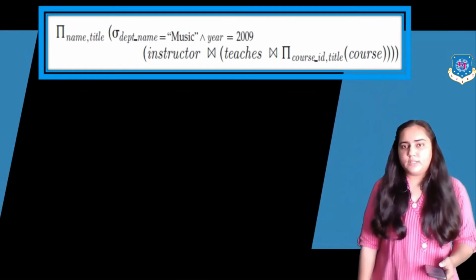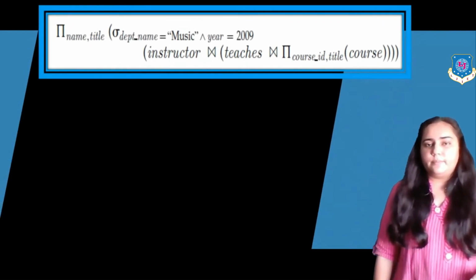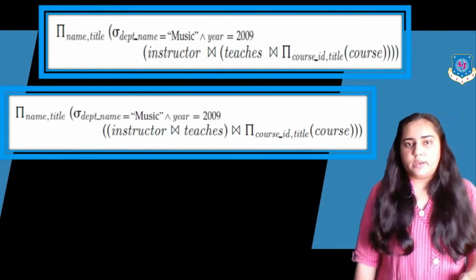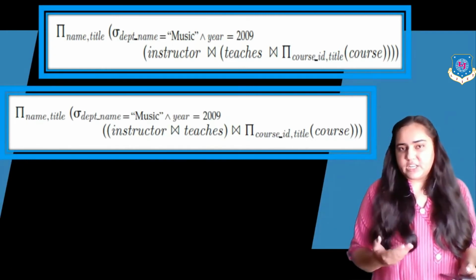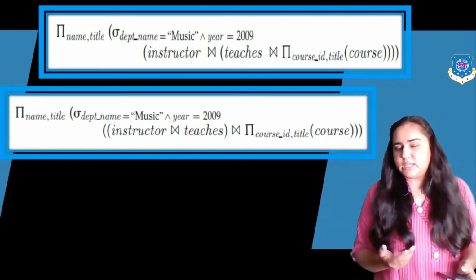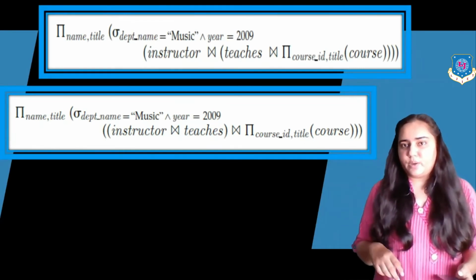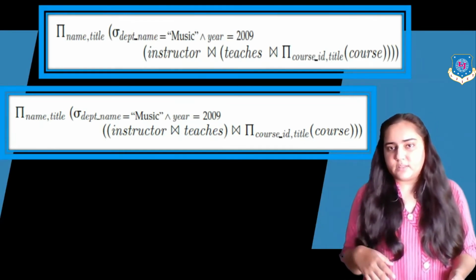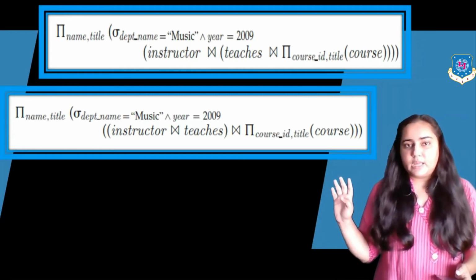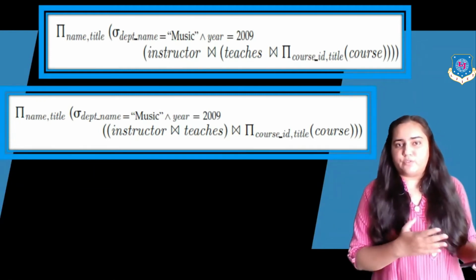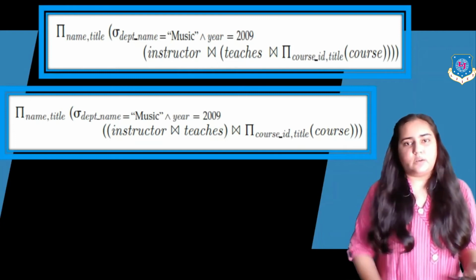So let's do that. This is the query. Now notice what I've done here. I have just changed a little bit in the query. You can see in the end, the upper query has about 4 brackets and the lower query right here has only 3 brackets. And there's one extra bracket before instructor, which was not there earlier.